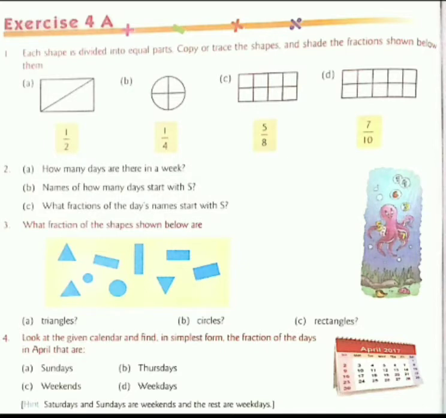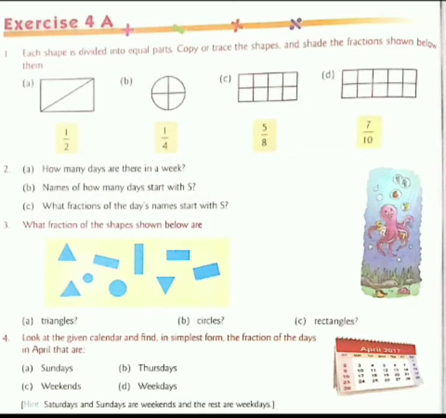See question number 1. Open your book, exercise 4a. Number 1 is given. Each shape is divided into equal parts. Copy or trace the shapes and set the fraction shown below them. Okay.